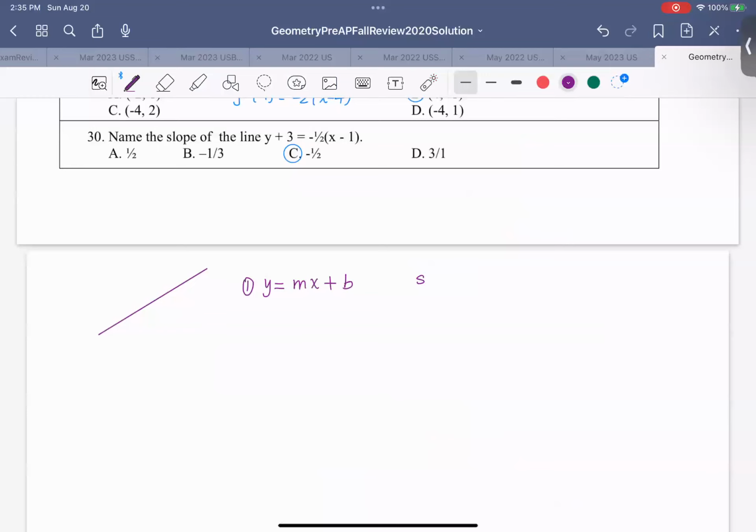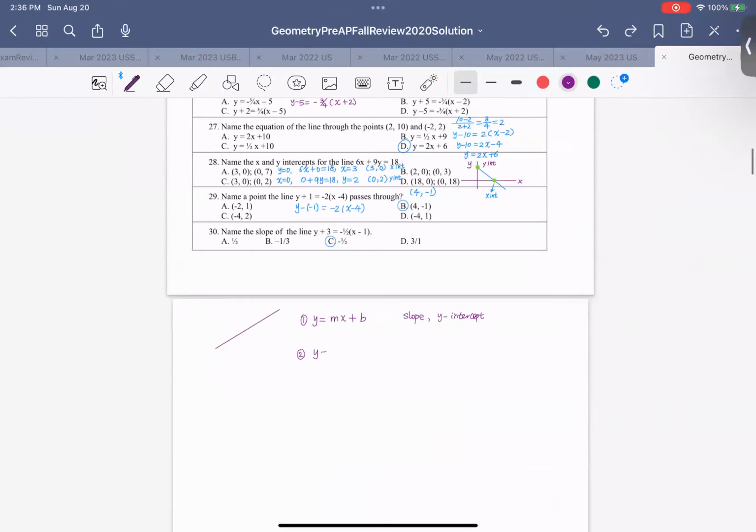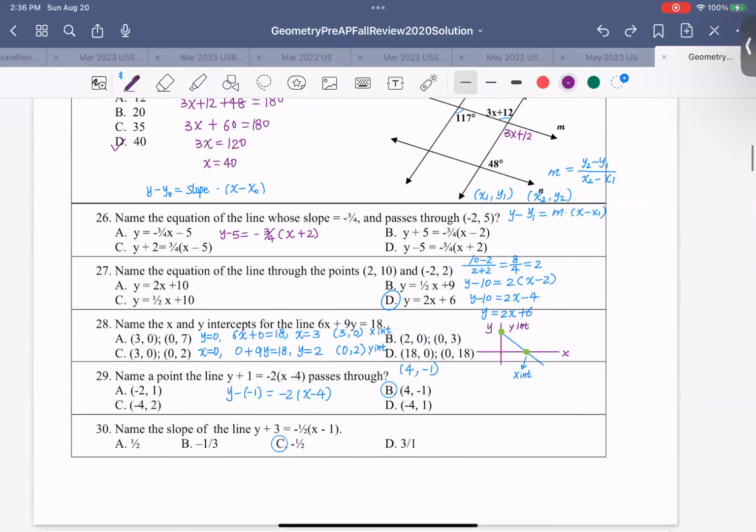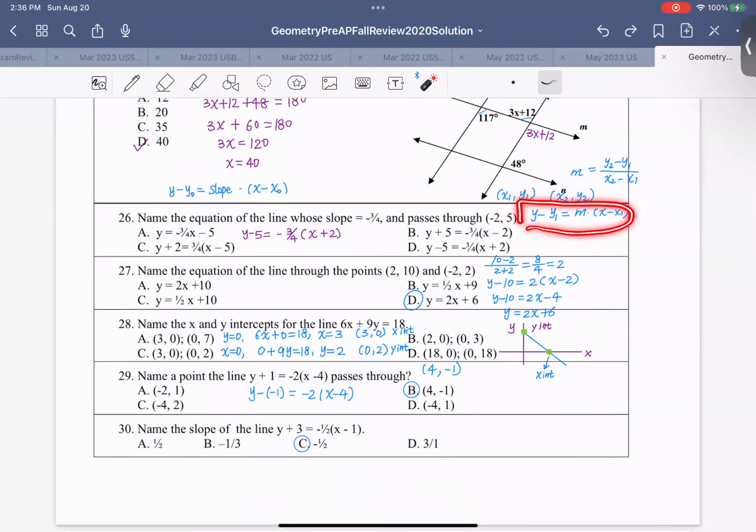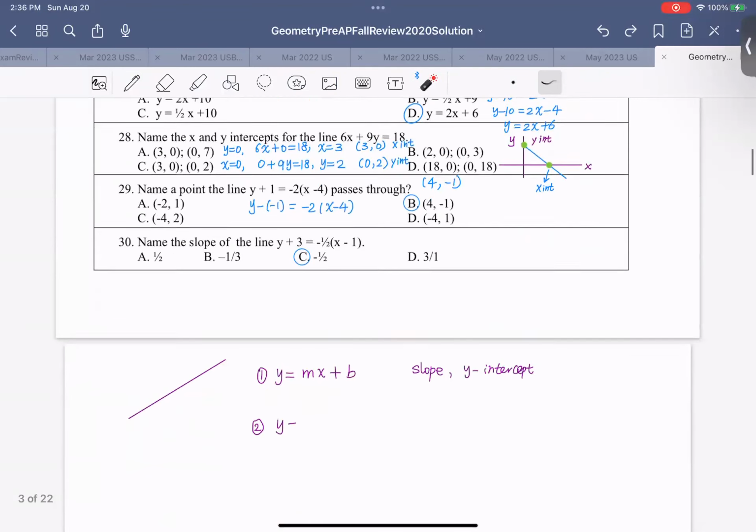Slope y-intercept, right? Yes. Good. And then the second one, the one we said just now, kind of remember? Y minus what? This guy here. This is the thing I'm talking about. It's called the point slope format, okay?